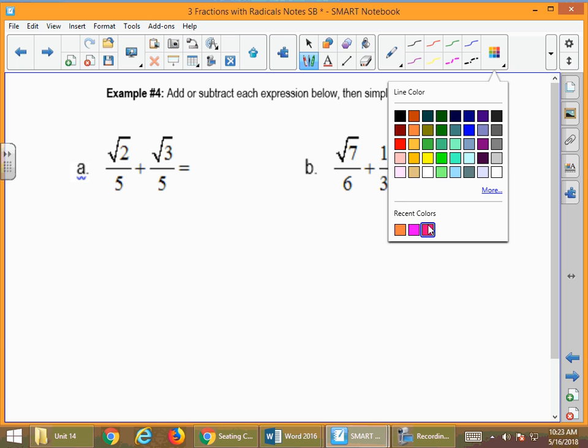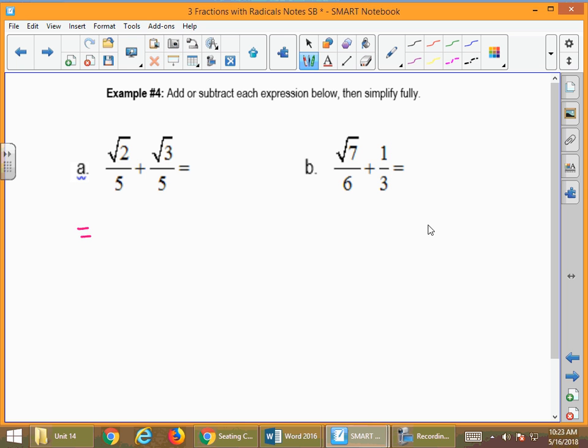So when we finish this problem, all that needs to happen is we're going to say square root of 2 plus the square root of 3, all divided by 5. We cannot combine the square root of 2 and the square root of 3 because the numbers underneath the radicals, known as radicands, are not the same. The only way we could add those together is if we had the same value in the square root.